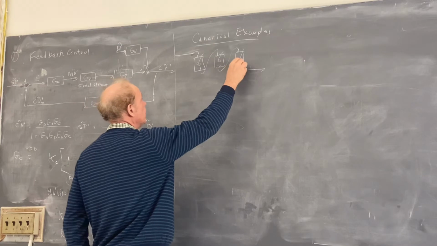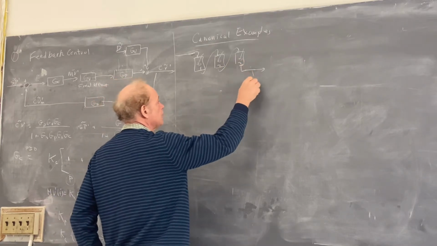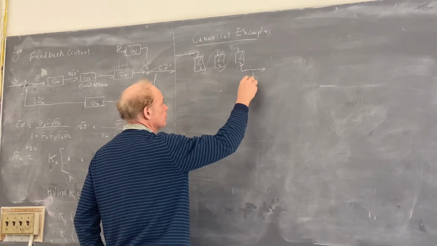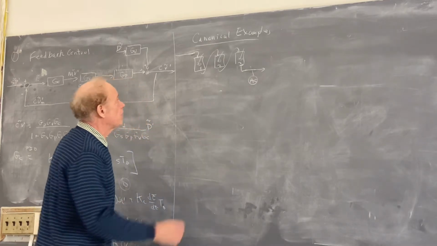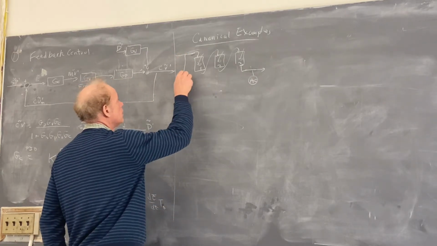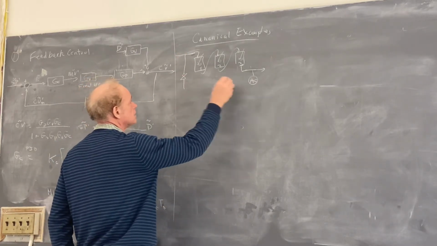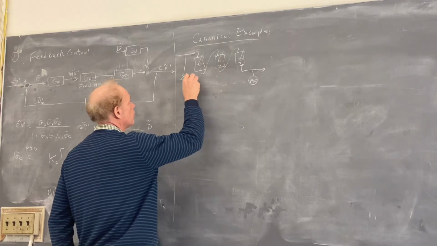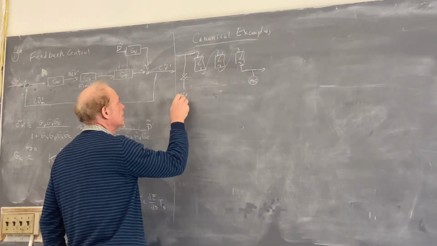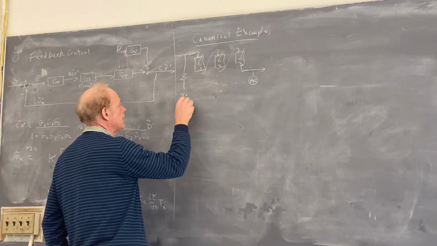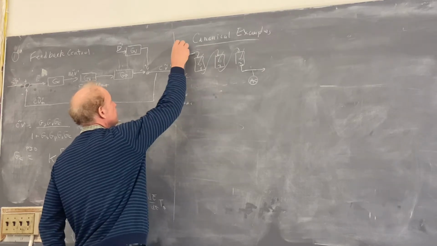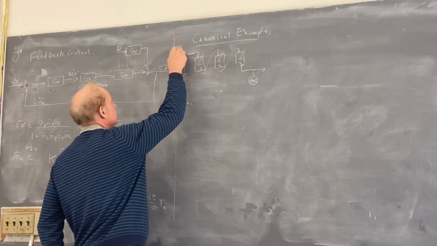One, two, and three, where we would measure the concentration of the output, and if we don't like it, we could adjust the flow here. This is VA XAA. Here we have VB XAB.